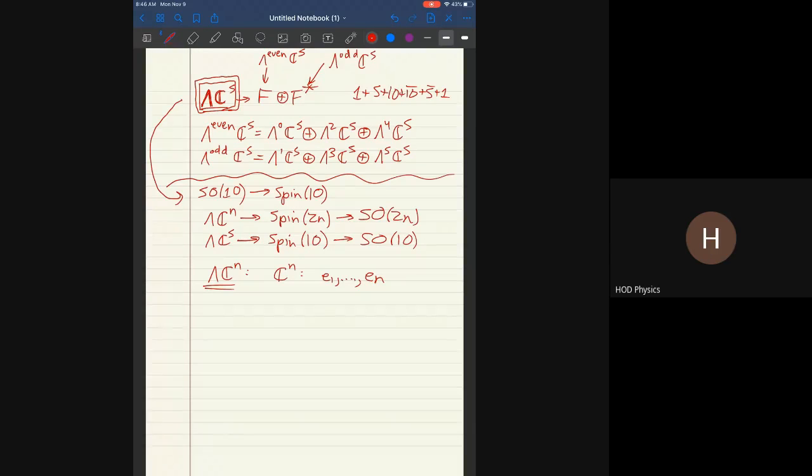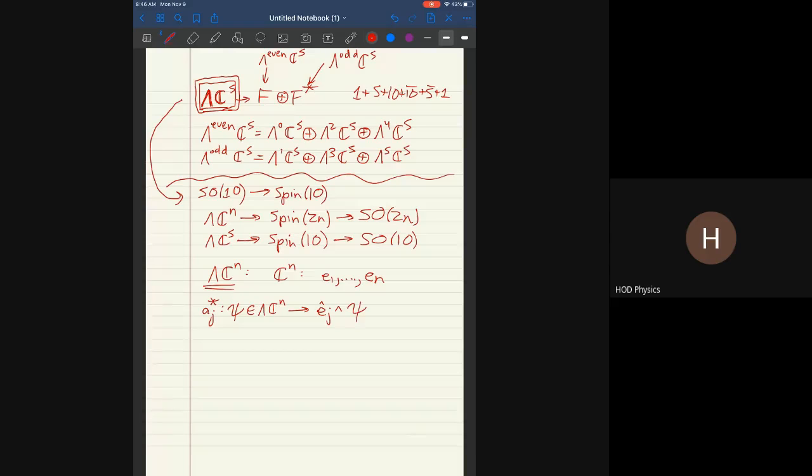So now I will define two operators. I'll define the creation operator, Aj star. Suppose I have an element psi of Lambda C^n. Then the creation operator Aj star acts on it by taking psi to the basis element Ej wedge psi.